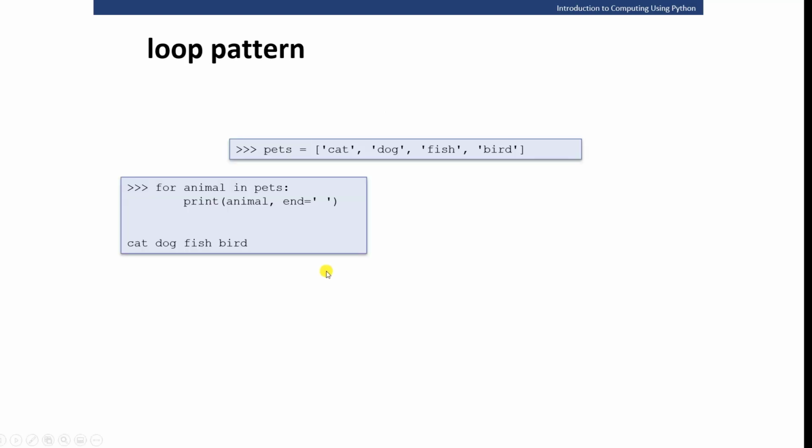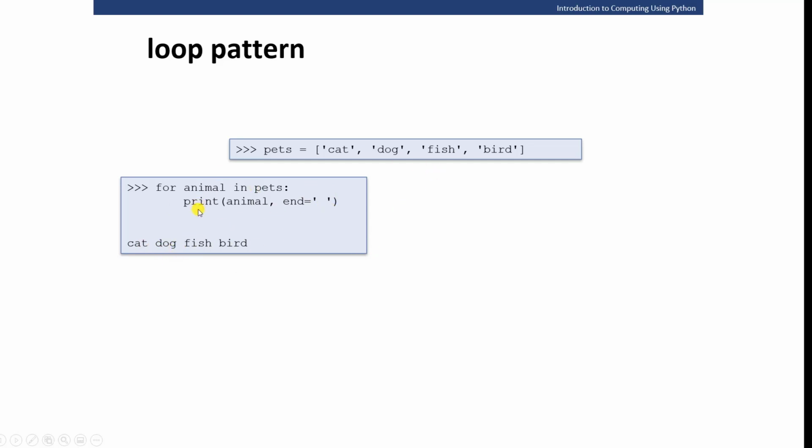Now, as we can see here, we can use the end argument to print all the list items in one line, where each item is separated by just a space.